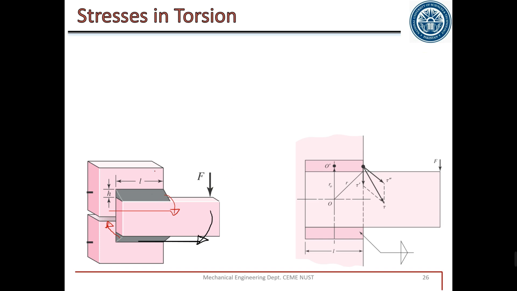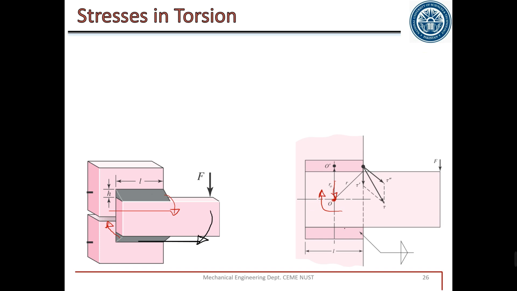If you take this as a support, for this force we will have an equal and opposite reaction, but the reaction on the weld will be in the downward direction. So there will be primary shear in the downward direction at point O, and there will be a secondary shear or secondary torsion at point O.